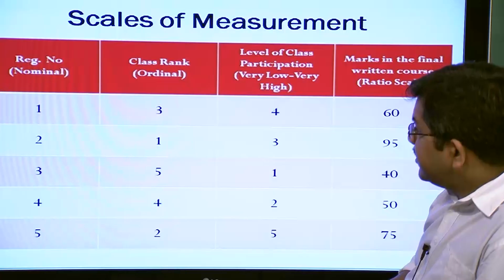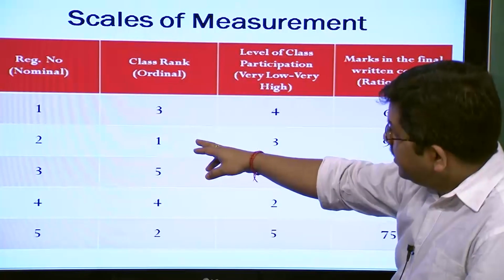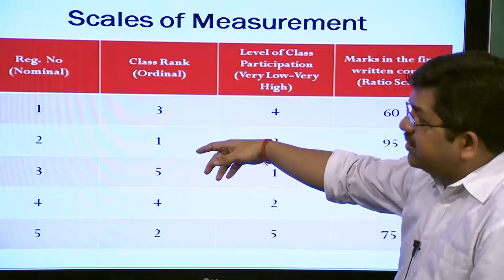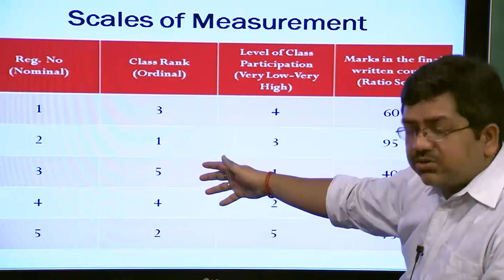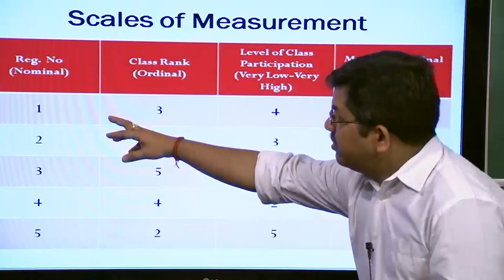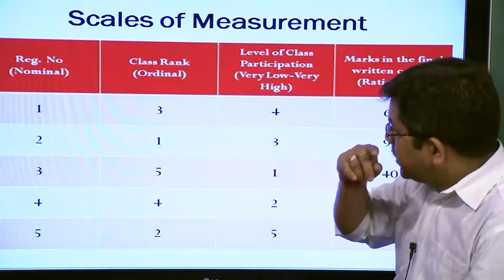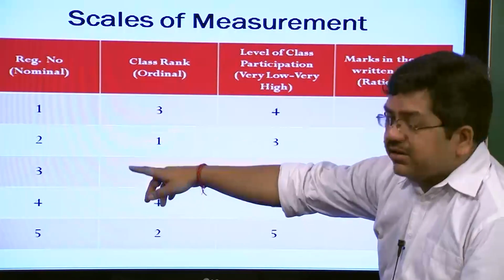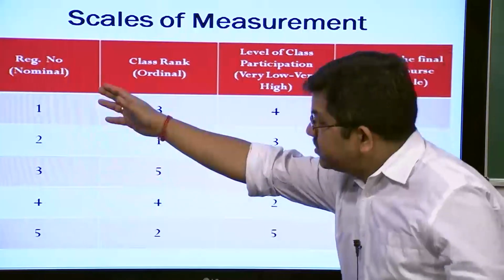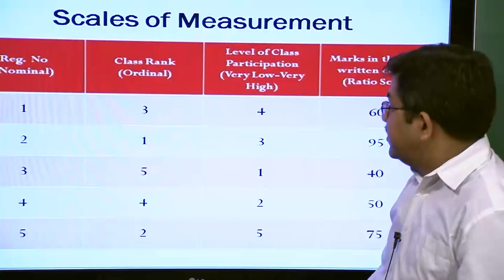Now, you see that here you can say that student 1 has a better academic potential, or has performed better than the others in the class. You can compare. Here you cannot say, based on registration number, that the student with registration number 2 is better than the rest of the students. However, based on his class rank you can say that, but based on his registration number you cannot make any such conclusions.